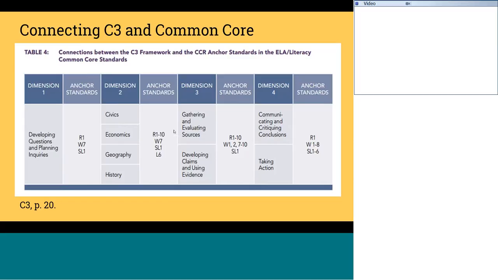The people that wrote the C3 document, the College, Career, and Civic Life framework, basically said that there were several standards at the anchor or at the base of everything that we do in social studies, and that the C3 builds upon that. We're going to learn a little bit more about that as we go through.